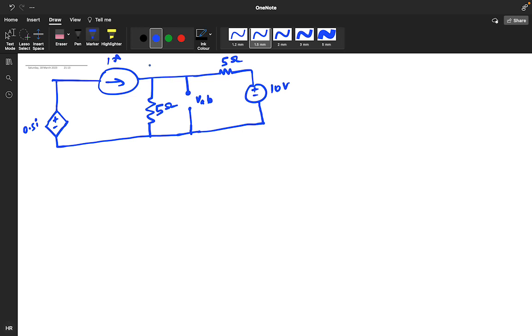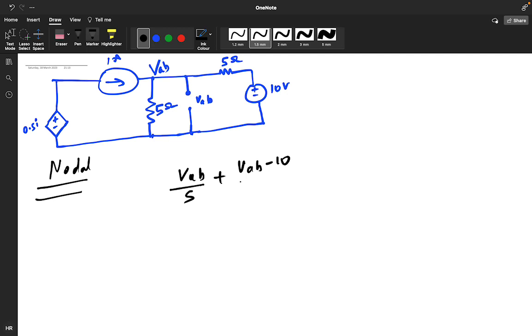If you assume this particular VAB, this VAB will be equal to this VAB, because this particular point is parallelly connected. So apply the nodal analysis. By applying nodal analysis, what you will get: VAB by 5 plus (VAB minus 10) upon 5, and one current is coming as 1 ampere.